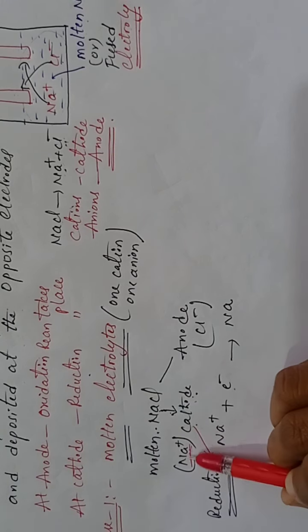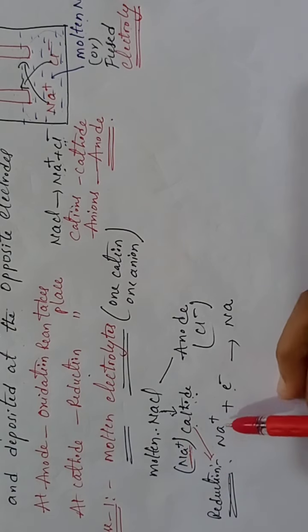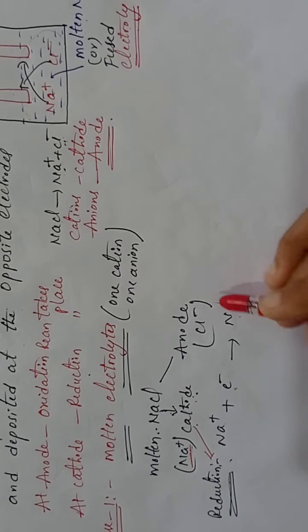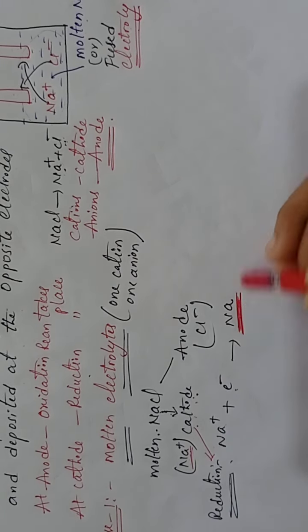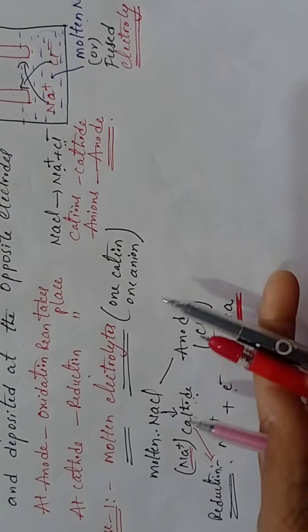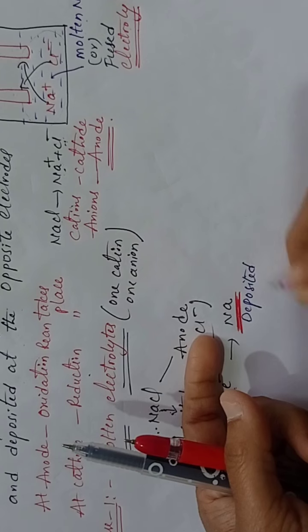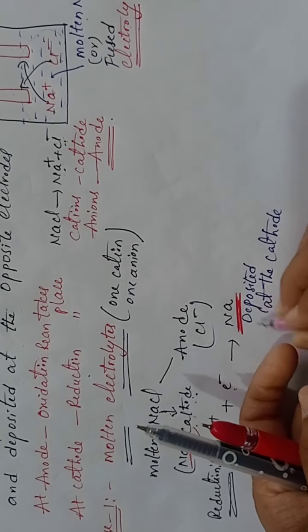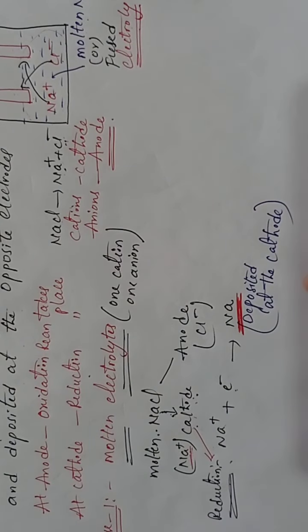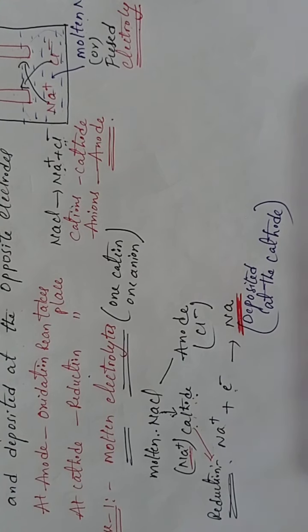Now which product is deposited at the cathode, students? Sodium. So the answer is sodium, students. Sodium is deposited at the cathode. Clear this one? But what about the anode, students?